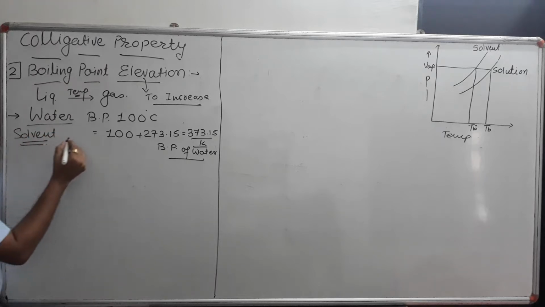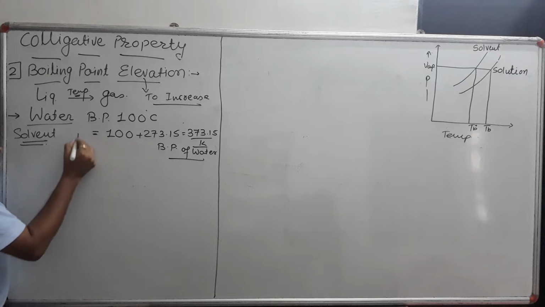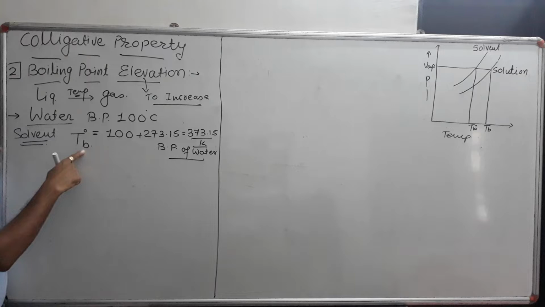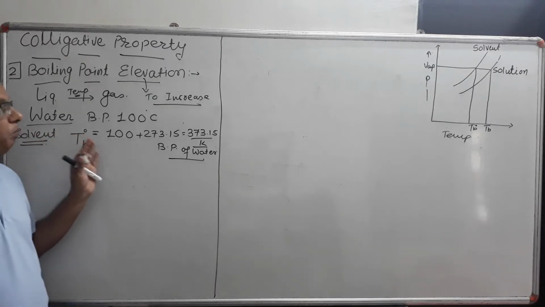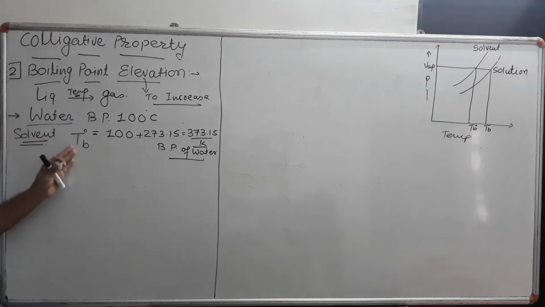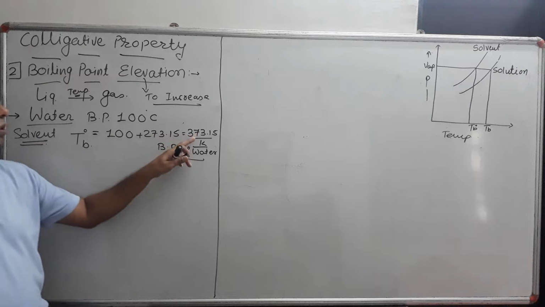That's why we will give the sign T0B. T means temperature, B means boiling, and 0 means initial.